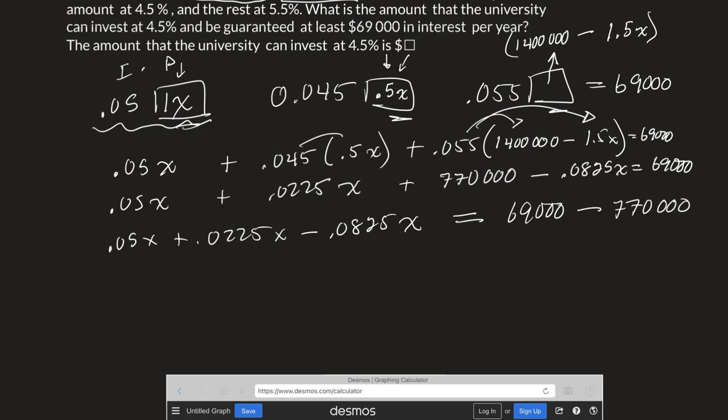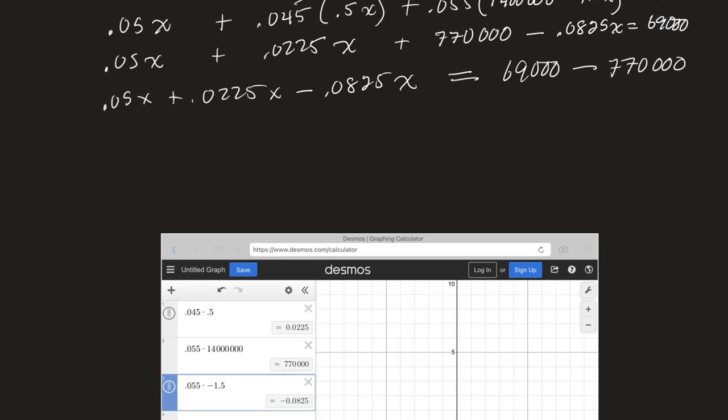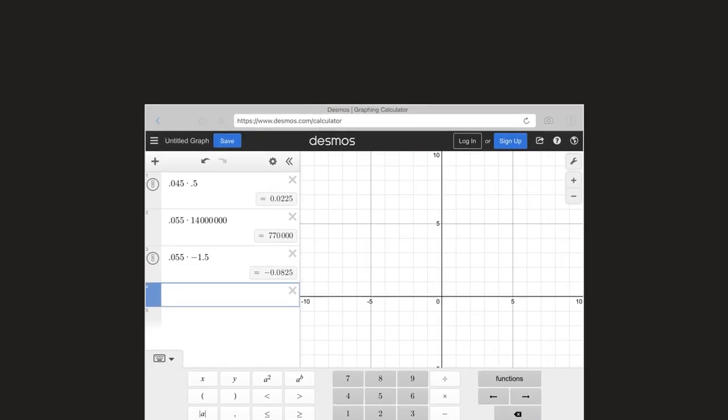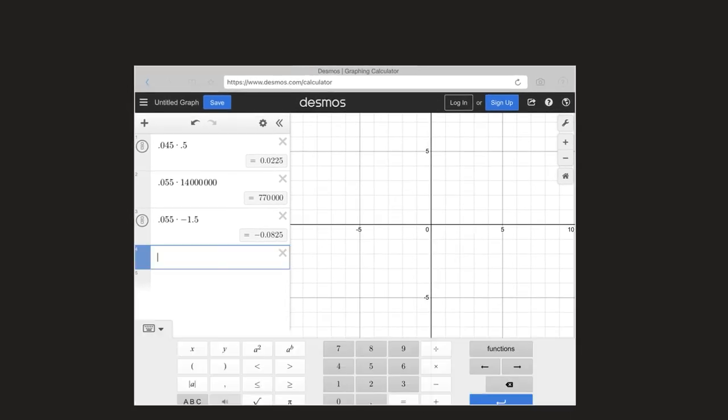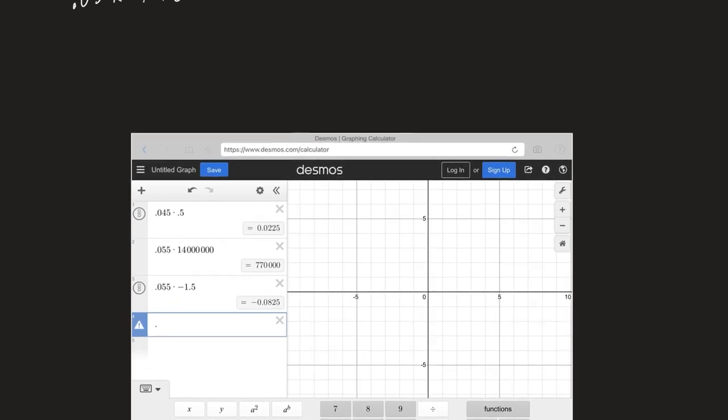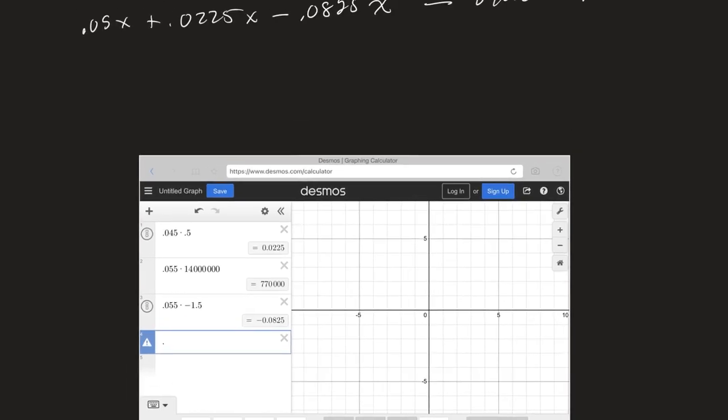Okay, so let's add up our x's. 0.05 plus 0.0225 minus 0.0825.